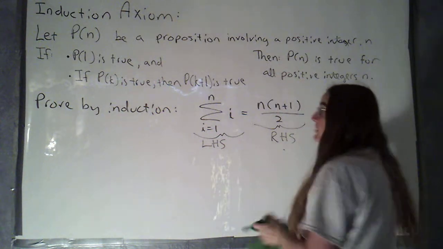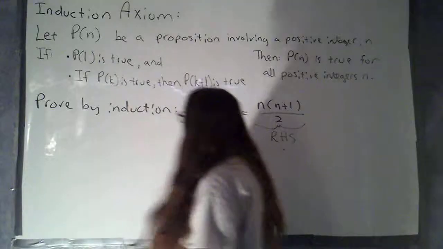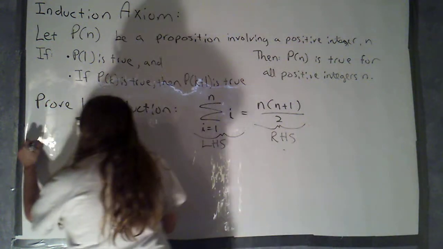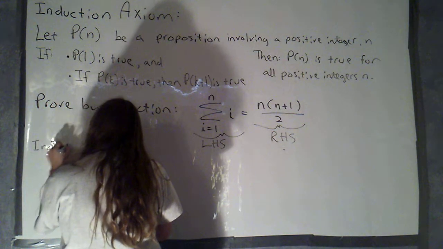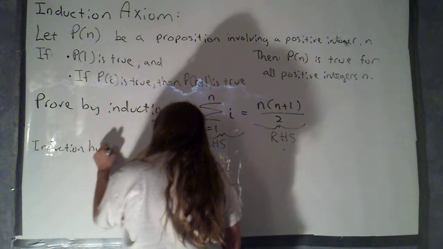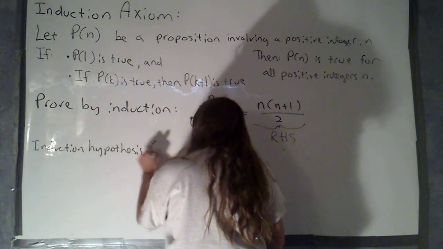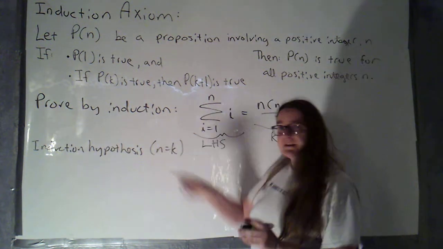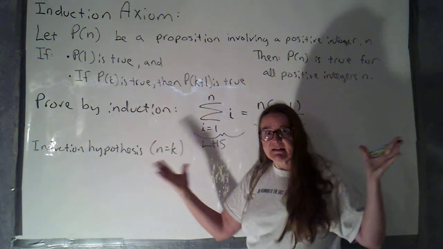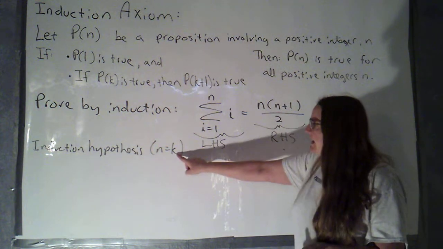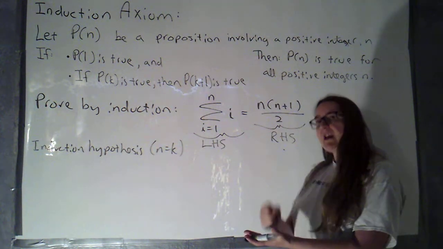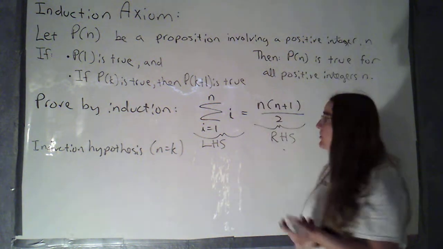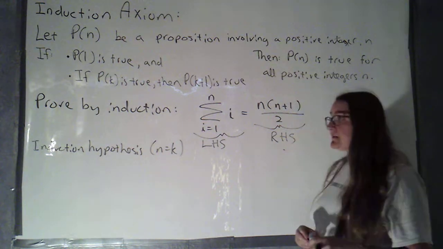And of course, the way I prove an if-then statement is by supposing the if part. So we call that the induction hypothesis. That's when n is equal to k. So n here is essentially a variable that can take on any positive integer value. k we're letting represent a fixed but unspecified value. So we're saying for some value of k, this is true.